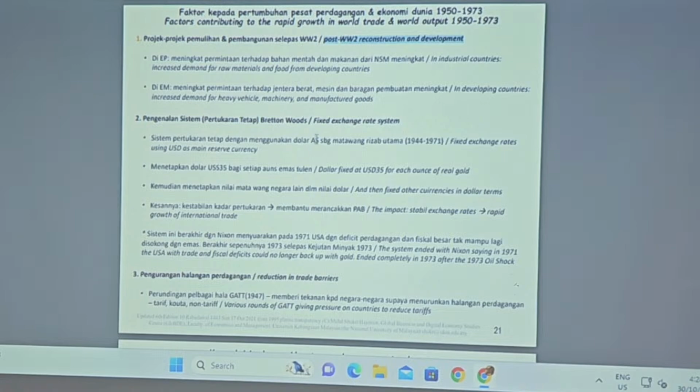Number two, there was an introduction of the fixed exchange rate system.